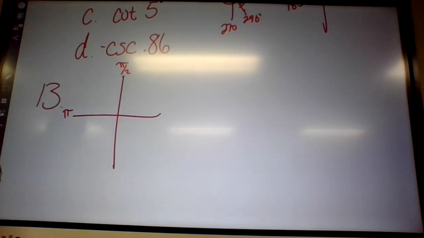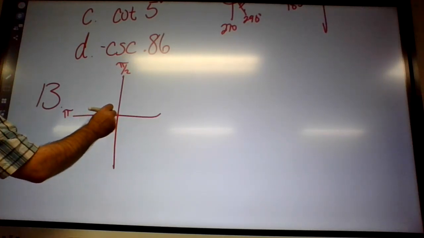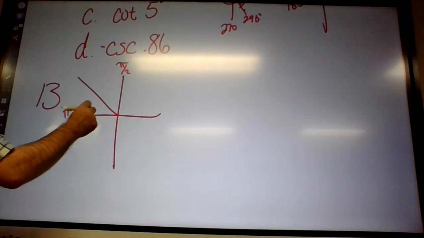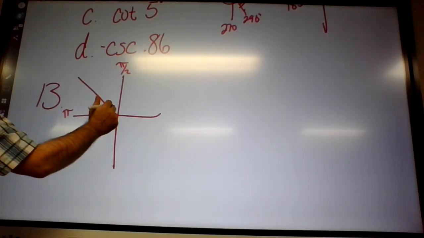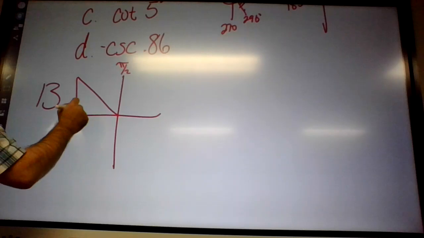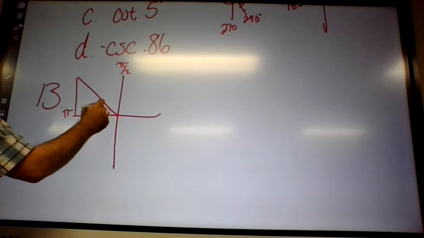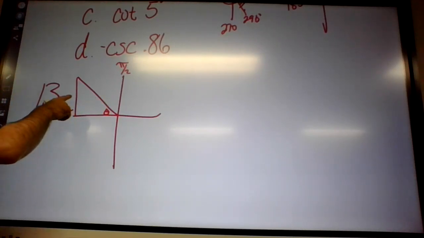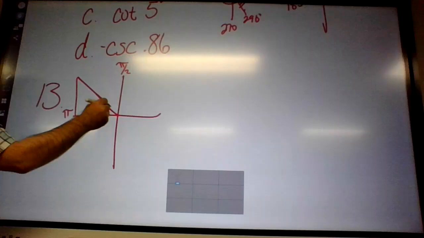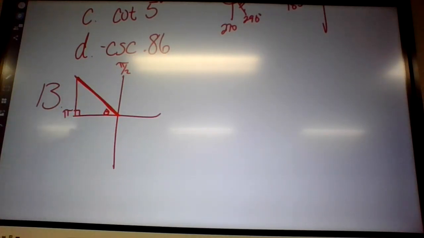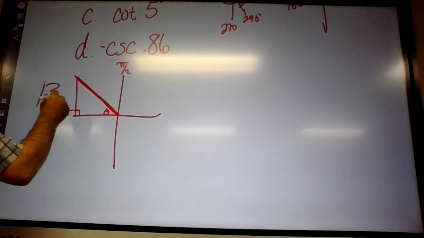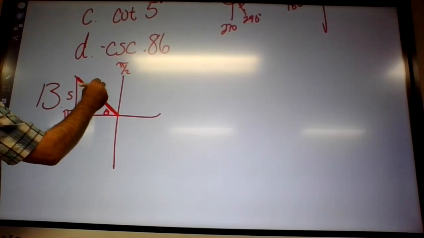Sine, like on the SOHCAHTOA, what does sine tell us? Opposite over hypotenuse. So the opposite side will be the side that's far away from the angle right here, and the hypotenuse would be this thing right here. So the opposite is 5, and the hypotenuse is 13.